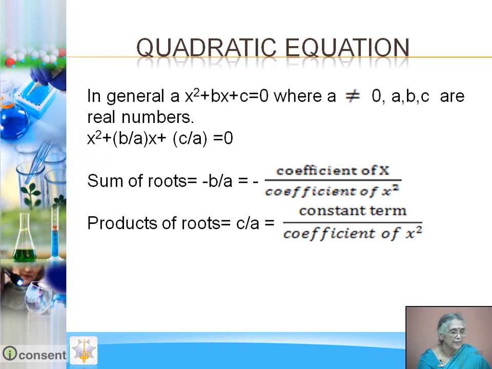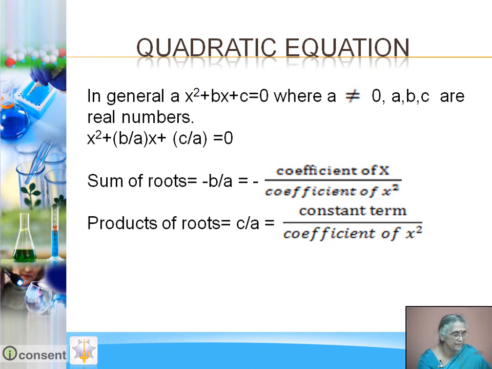In general, ax square plus bx plus c is equal to 0, where a is non-zero and a, b, c are real numbers. Then we can write x square plus b upon a into x plus c upon a is equal to 0. That means we have divided the given equation by a only.